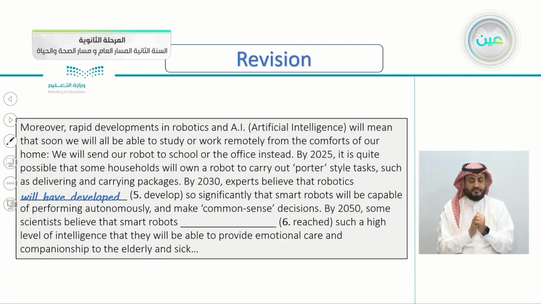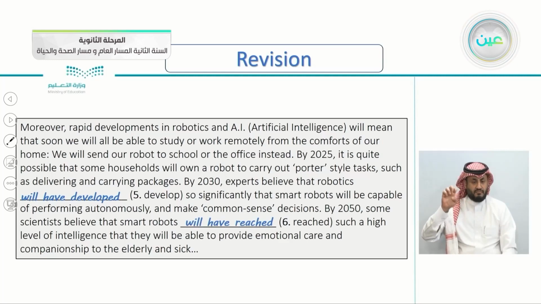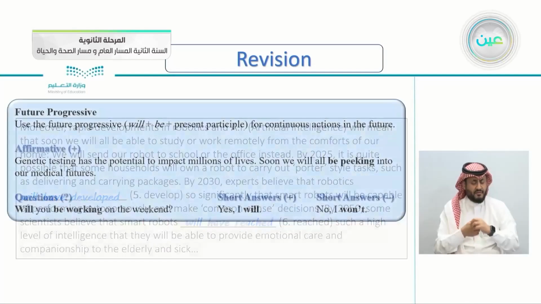By 2050, some scientists believe that smart robots, and the verb reach, beginning the sentence with by 2050. So we have two events. Of course, the answer will have reached. Will have and the perfect. Will have reached such a high level of intelligence that they will be able to provide emotional care and companionship to the elderly and sick.